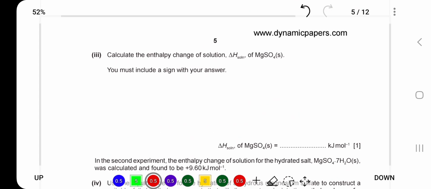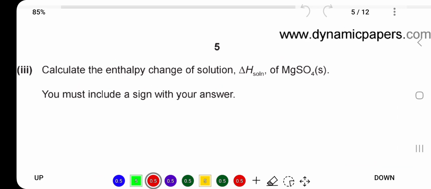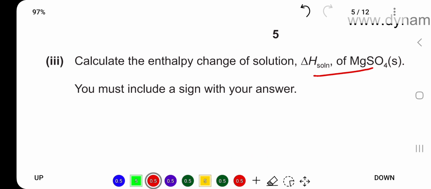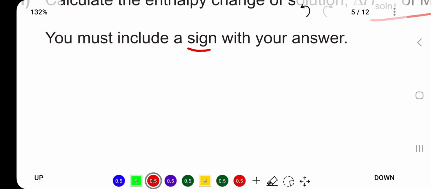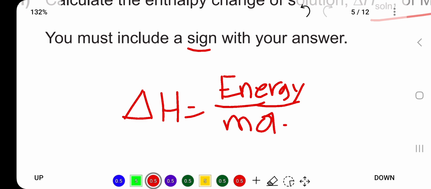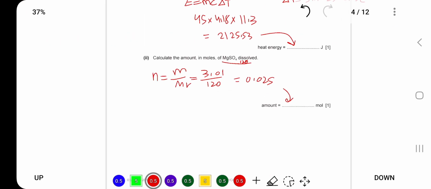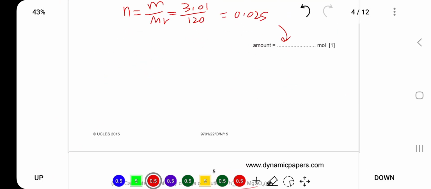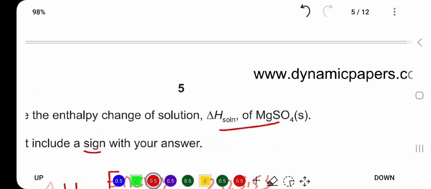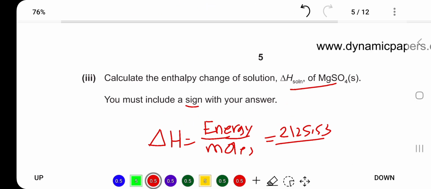Part I. Calculate the enthalpy change of solution of MgSO4. Including the sign is always important. Now there's this equation: enthalpy change equals energy over moles. Great, we have the heat energy calculated, 2125.53. As always, you want the moles of whatever you're asked for.